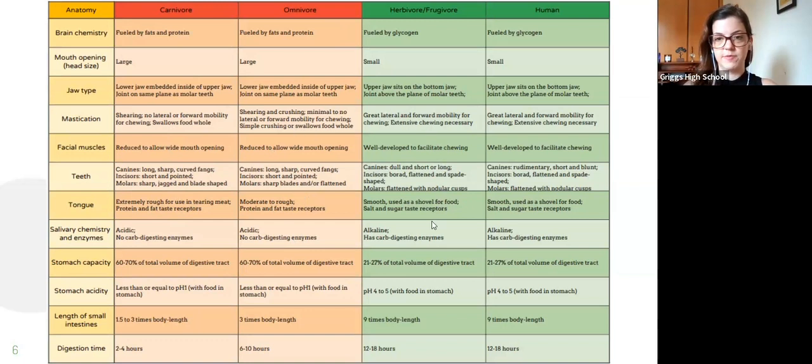And then herbivore, frugivores, we have the cow, the horse. Their system is a little different from this. There's another word for how they're called actually, but we could also think about some rodents and apes, the monkeys that are closer to us as well.